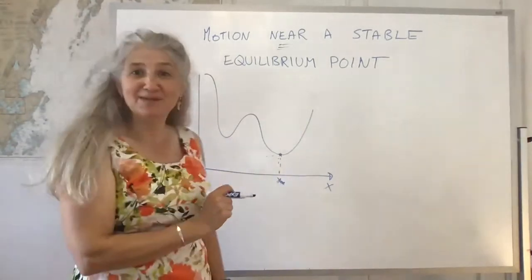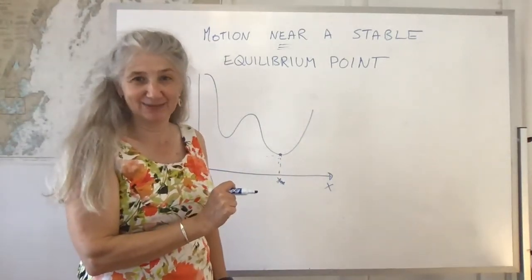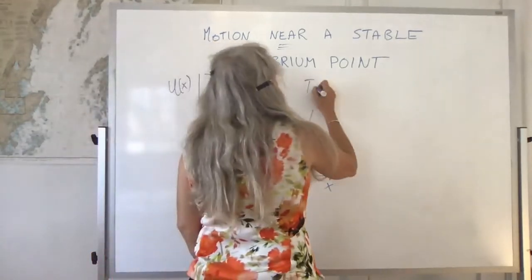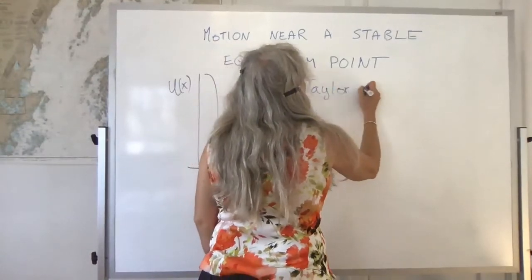So that means we can use a Taylor series. That's when you expand a function near a particular point.